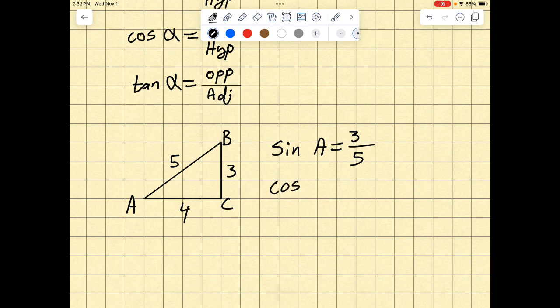The cosine of angle A must be the adjacent over the hypotenuse, so 4 over 5. And the tangent of angle A must be the opposite over the adjacent, so 3 over 4.